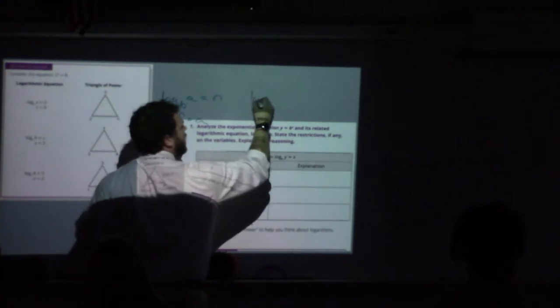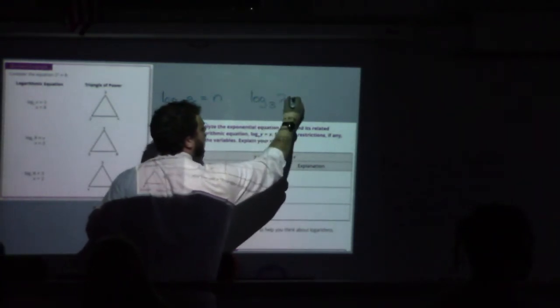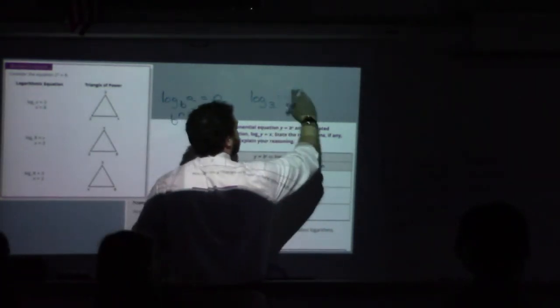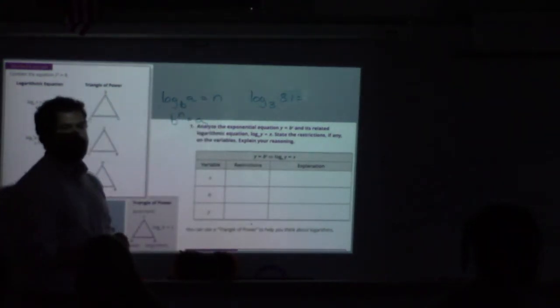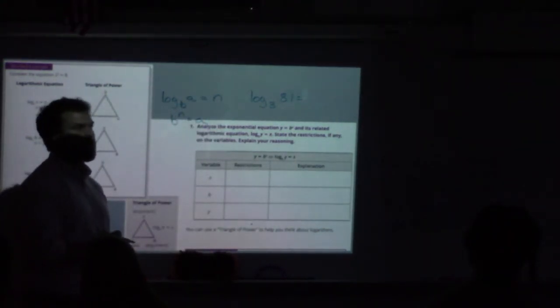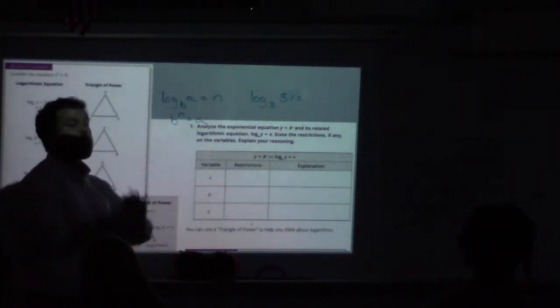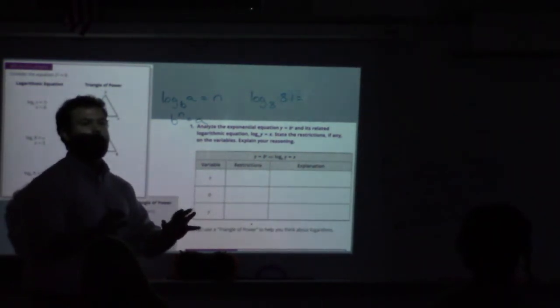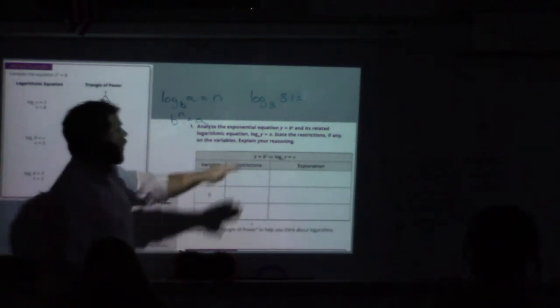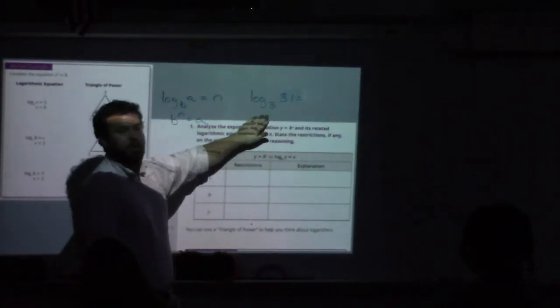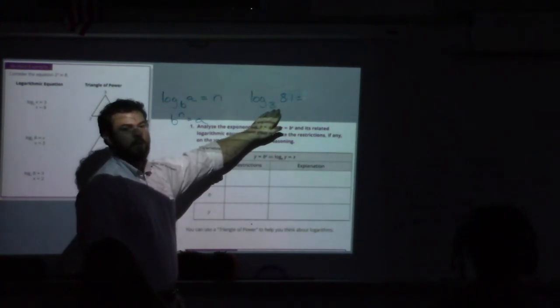So like if I were to give you log base 3 of 81, the answer is a what? Just in general, what is the answer to a logarithm? It's an exponent, right? So what I'm asking is, what exponent needs to go on 3 to get me to 81?